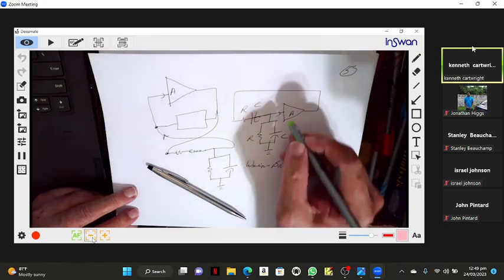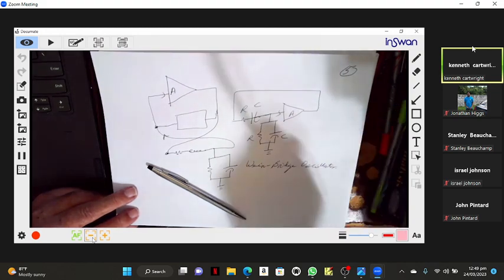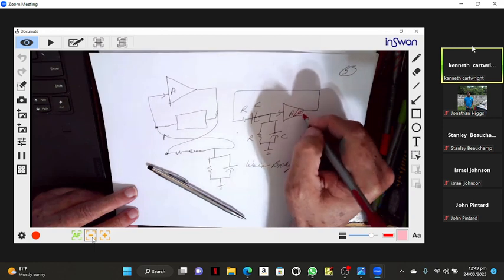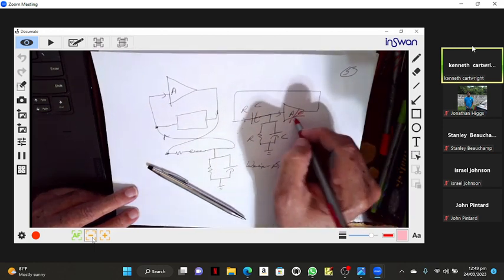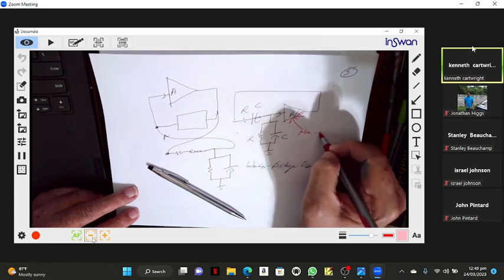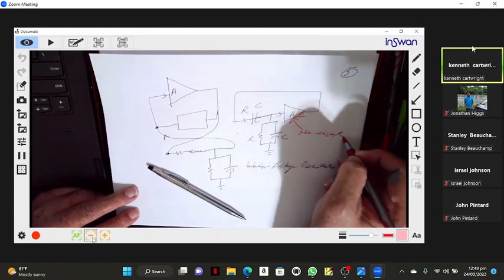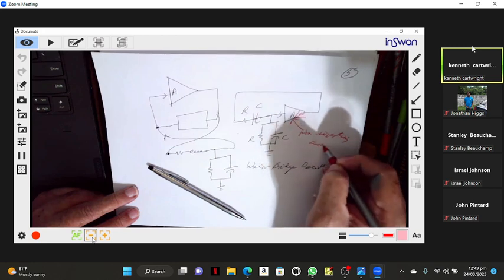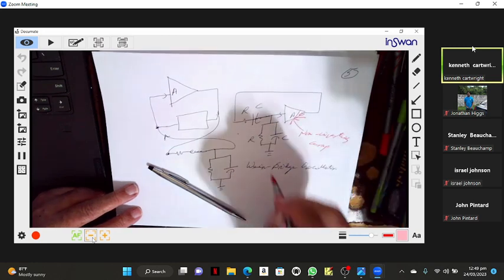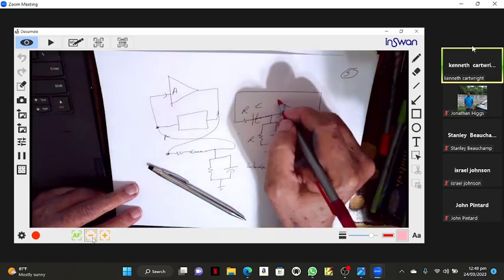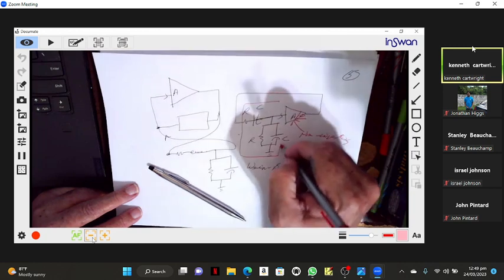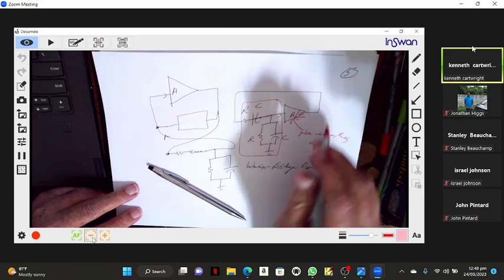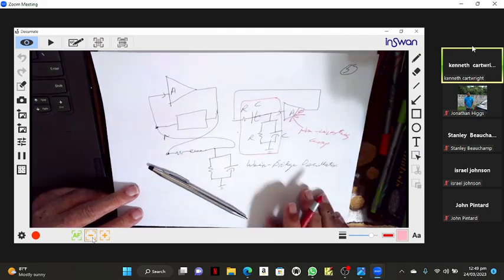And this is a non-inverting amp, so it has an angle of 0. So at the frequency of oscillation, what must be the phase shift of this circuit here?